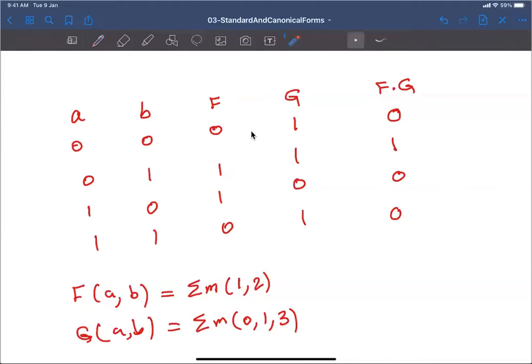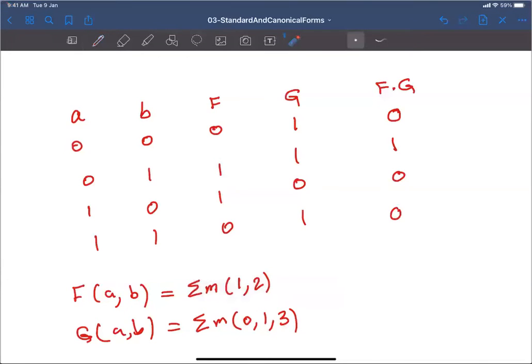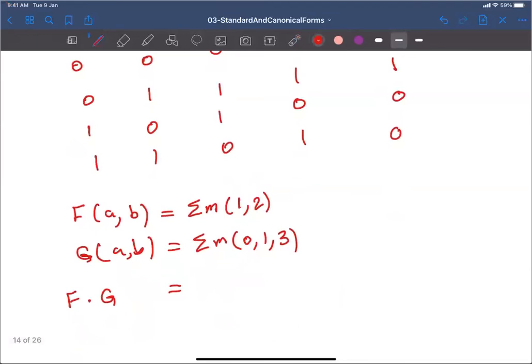Now, if you would like to AND them, you basically take the intersection of the two functions, okay? So the intersection of 1 and 2 and 0, 1, and 3 is what? Just 1. This is the only term that occurs in all of them, okay?